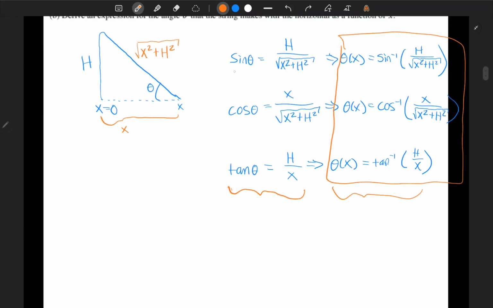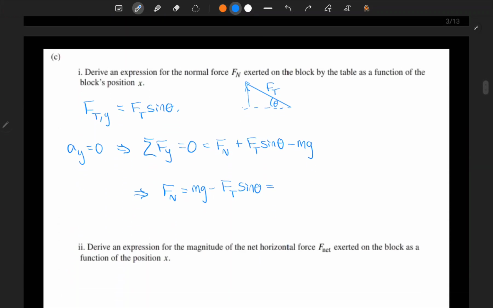Above, we found that sine theta is equal to h over the square root of x squared plus h squared. So we can just plug that into this expression, giving the following. The normal force is equal to mg minus Ft times h divided by the square root of x squared plus h squared. And this is the normal force felt by the mass.